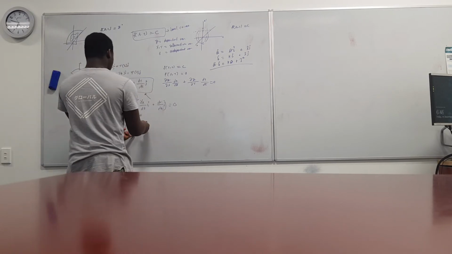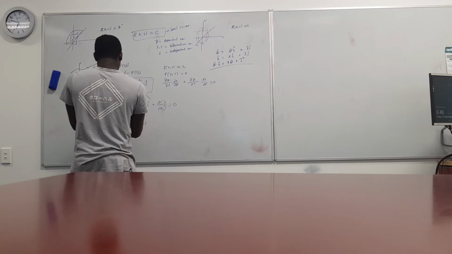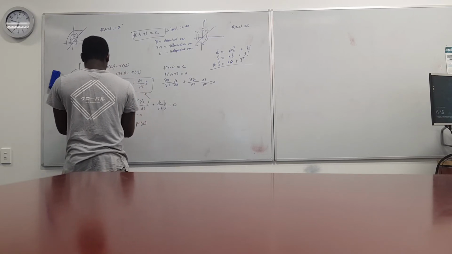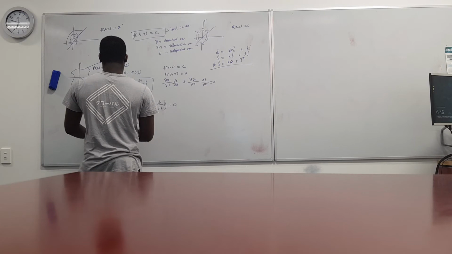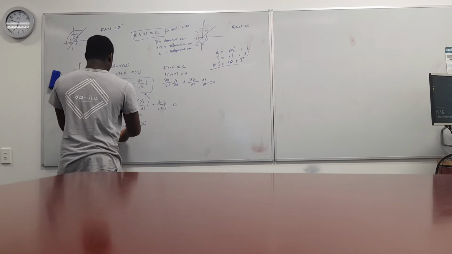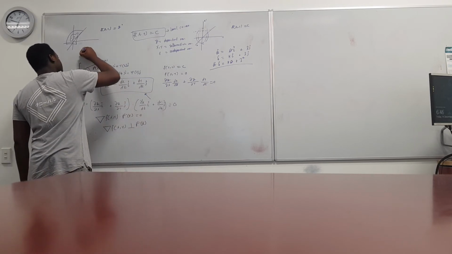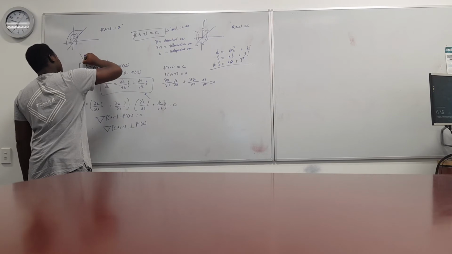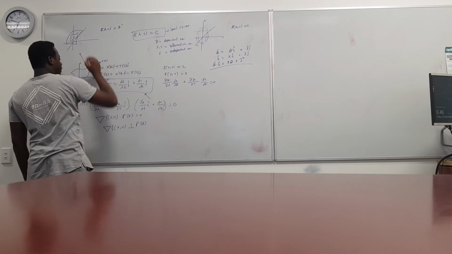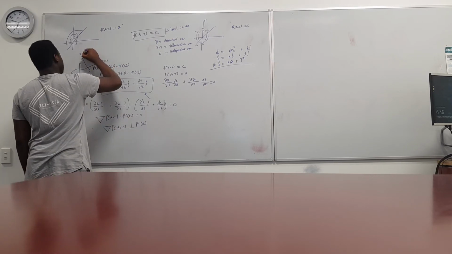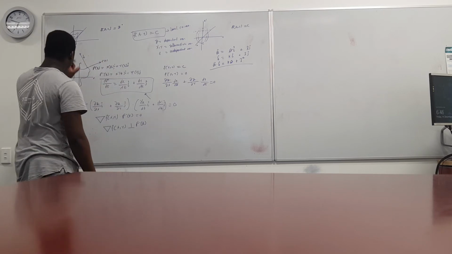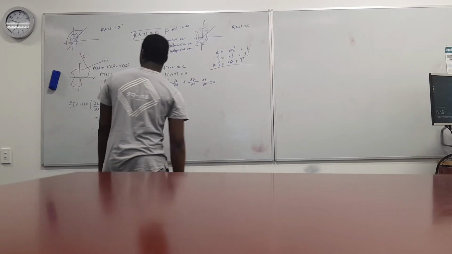Since this tangent is orthogonal, or at 90 degrees, or perpendicular to this vector, therefore, we define this to be the normal to the tangent at the same point.